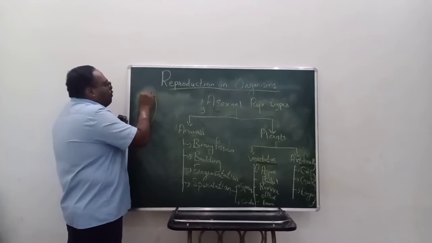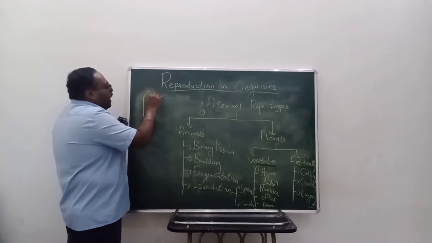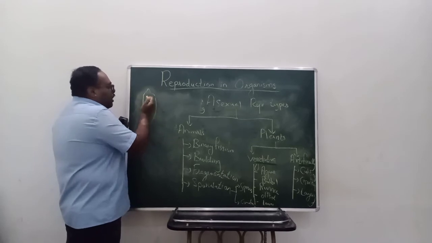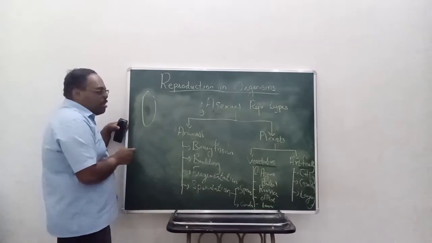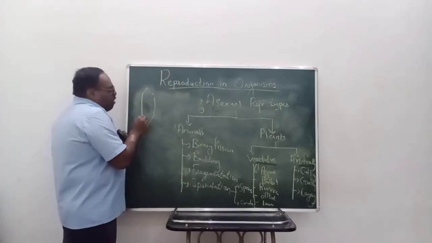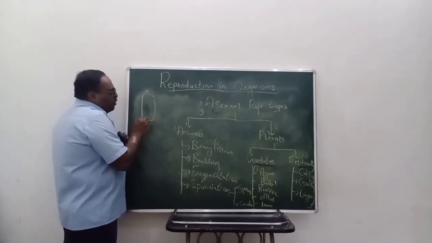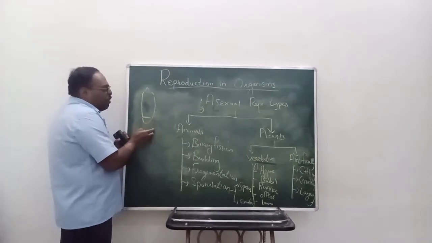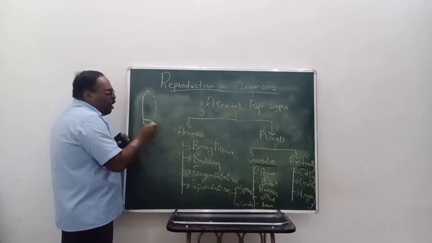Planaria or flatworms have a head-like structure, and their genetic material is present in the middle. But in fragmentation, one part of this body will separate from the parental body and come out.